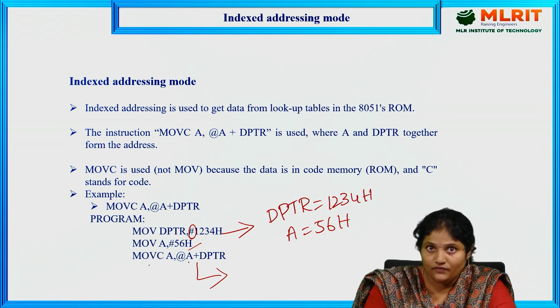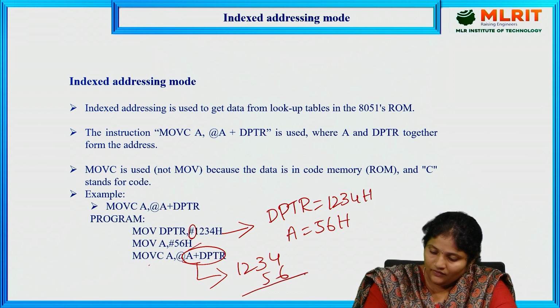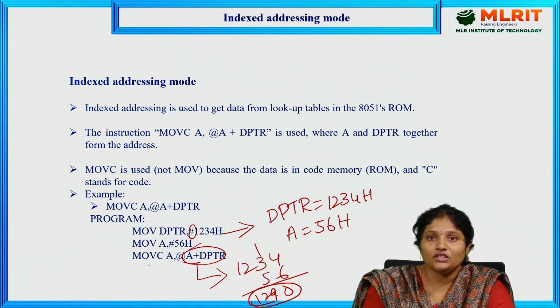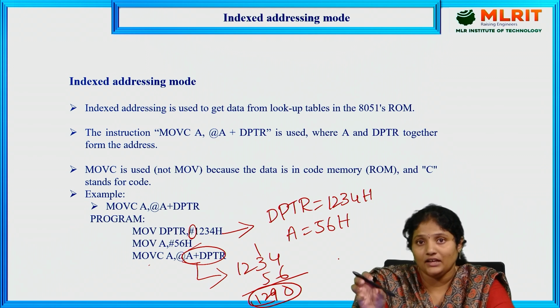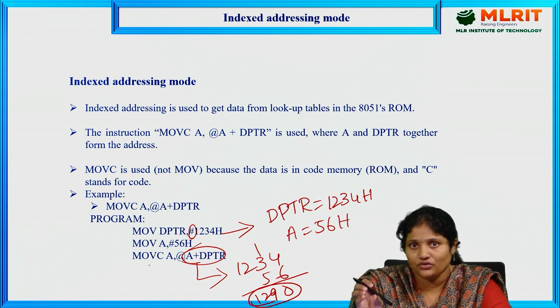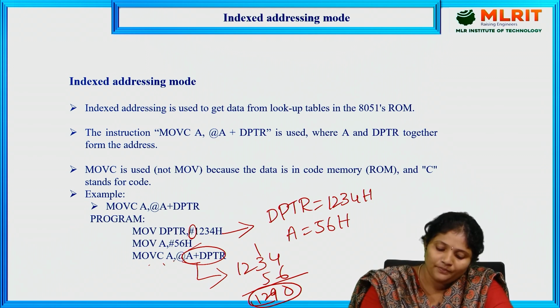First it will find the address from the indexed operation: 1234H plus 56H gives 128AH, which is the address location of the data. It will go to that address location, and the data present there will be copied to the A register.